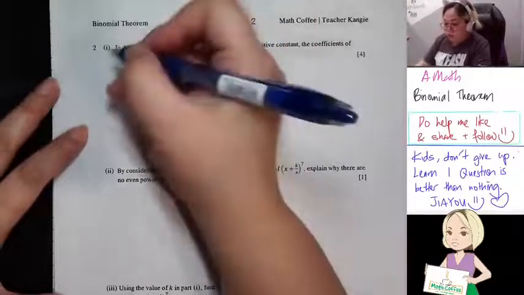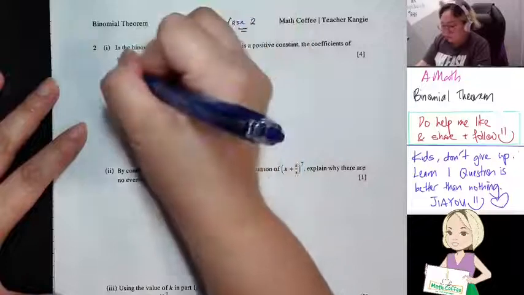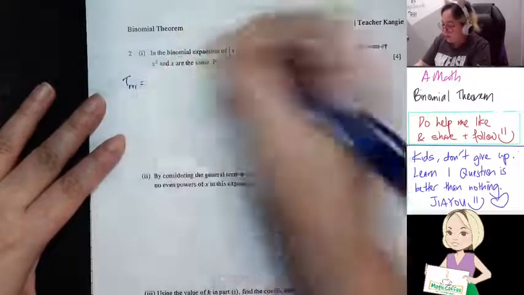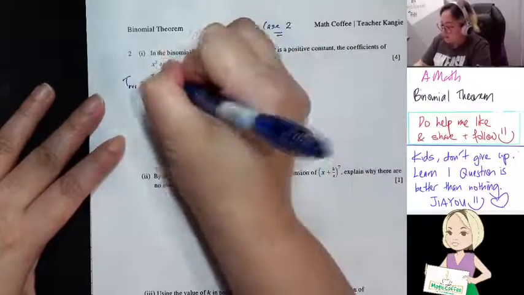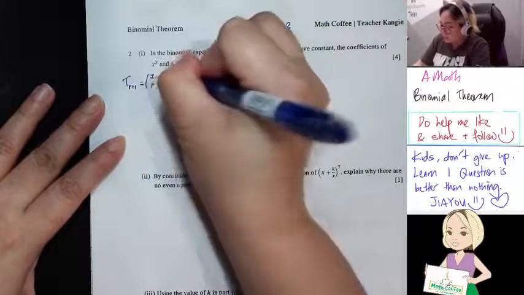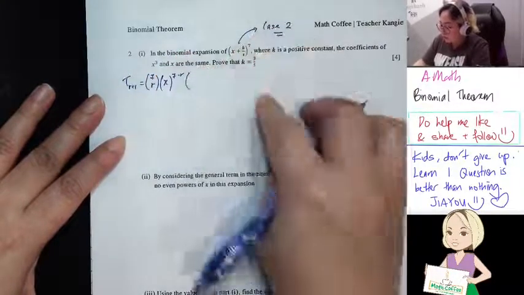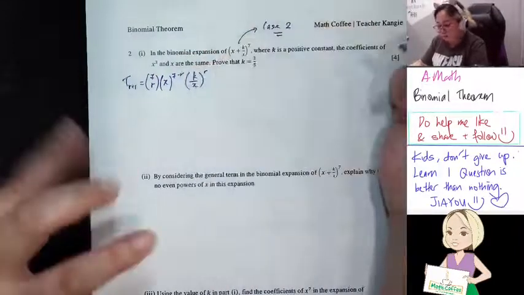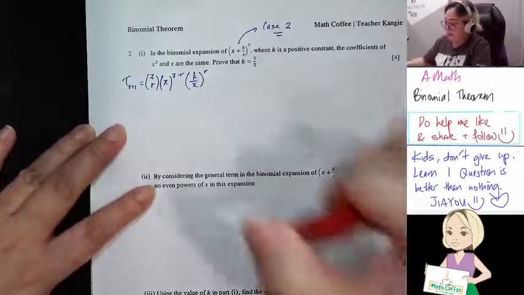Okay, so I need a lot of space later, so I'm going to write here. T(r+1) is 7Cr x^(7-r) (k over x)^r. So again, let's analyze which one we want.